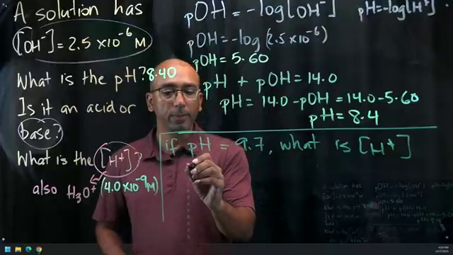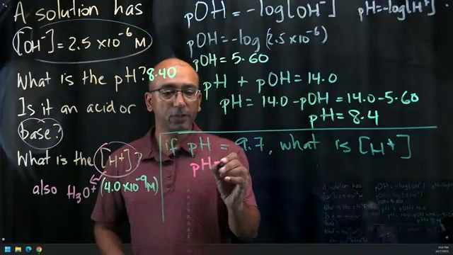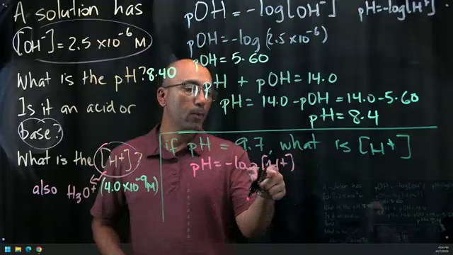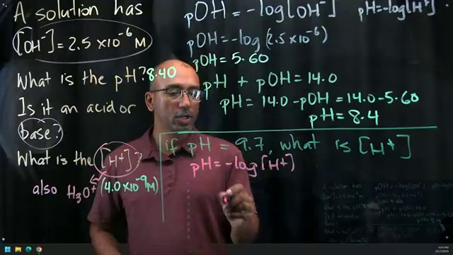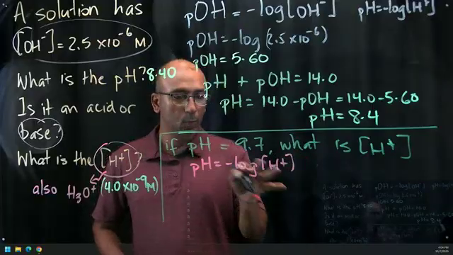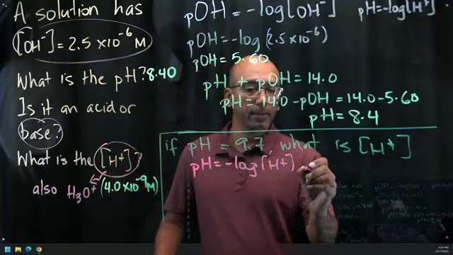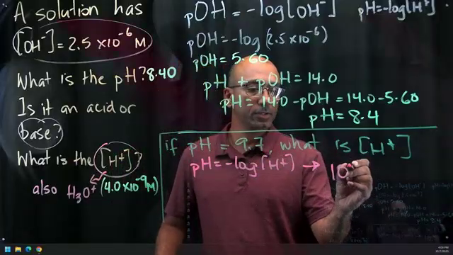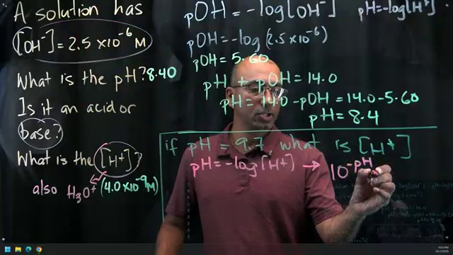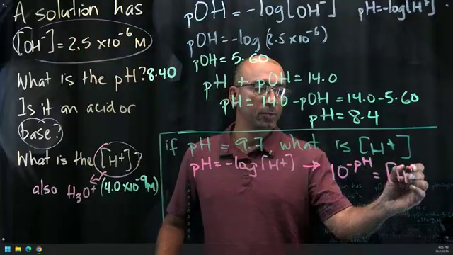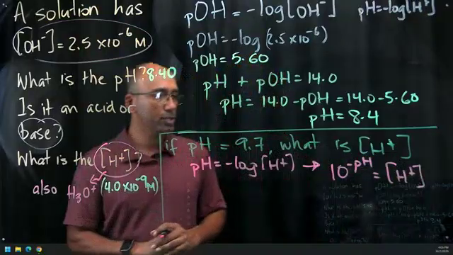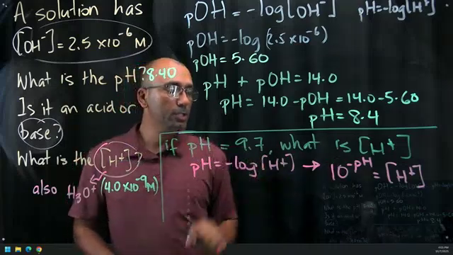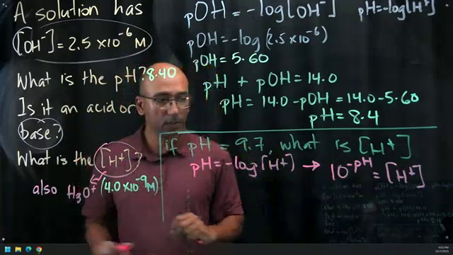We know that the pH, by definition, is the negative log of the H plus. So if I wanted to determine the H plus concentration, we need to work with logs and be able to know how to manipulate them. The way that we rearrange that equation is that 10 raised to the power of the negative pH is equal to the H plus concentration, right? And if I know what the pH is, I simply stick it into that relationship, and that's going to give me my H plus concentration.